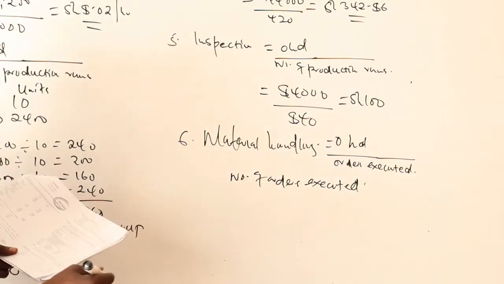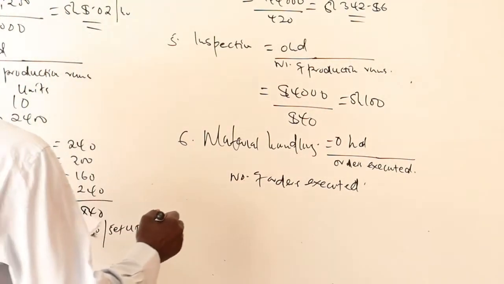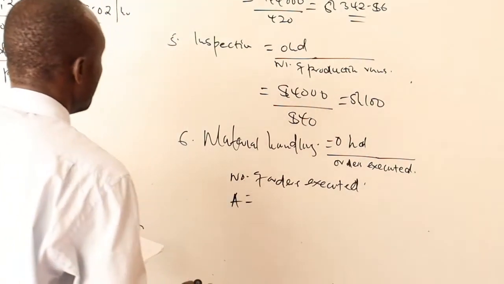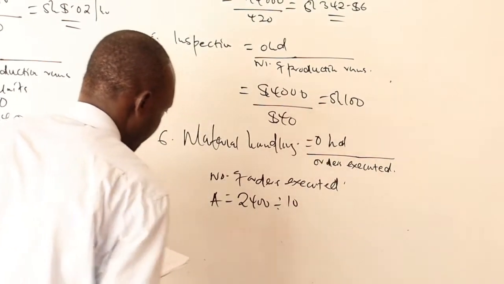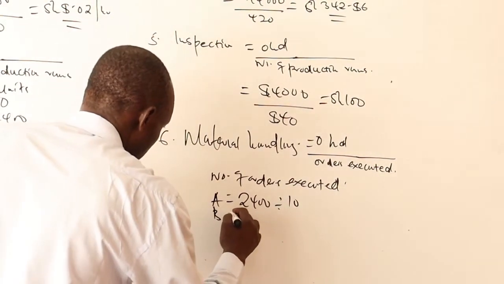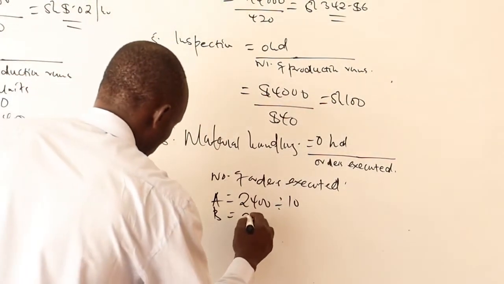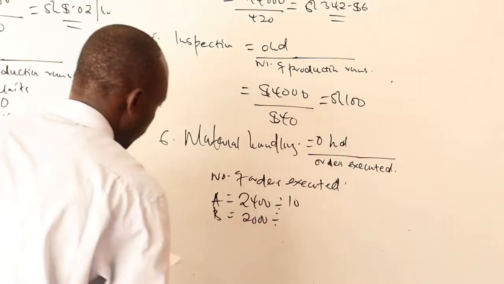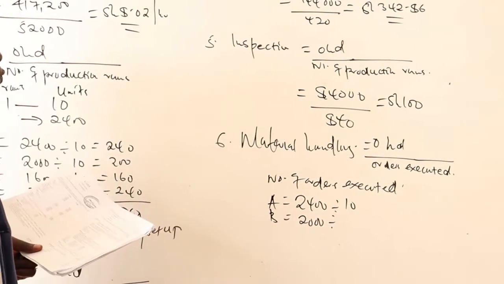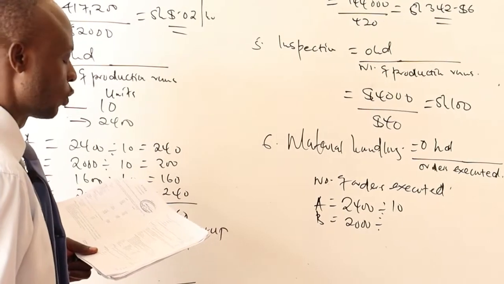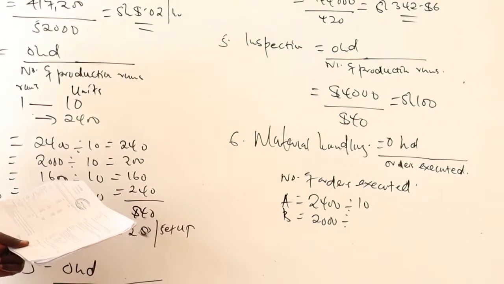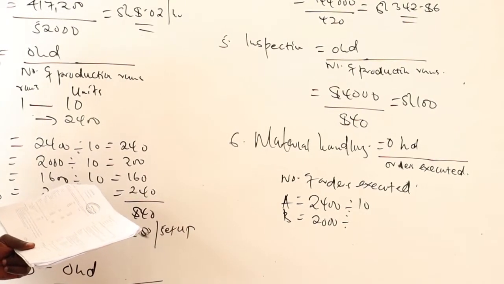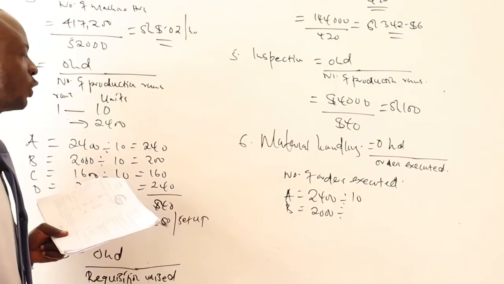So we also divide. For product A it is 2,400, you divide by 10. For product B it is 2,000. Why 2,400? Those are the total number of units produced for product A. Why 2,000? Those are the total units produced for product B. And we have been told the orders executed are in units of 10, so one order is equivalent to 10 units.